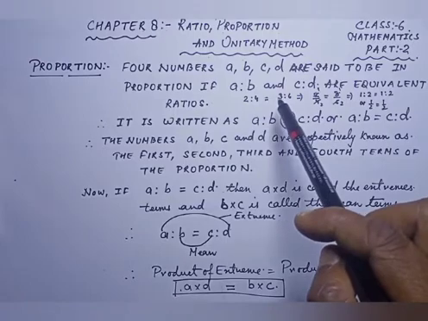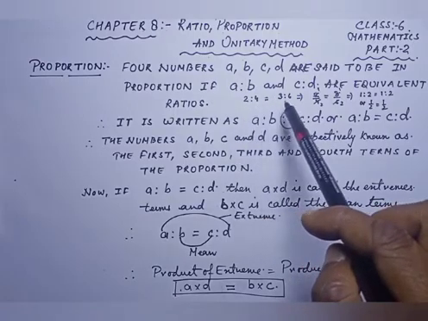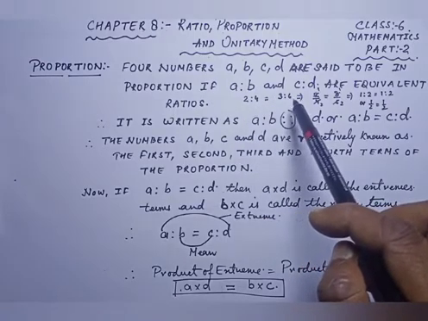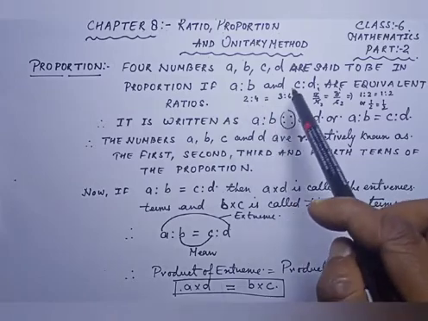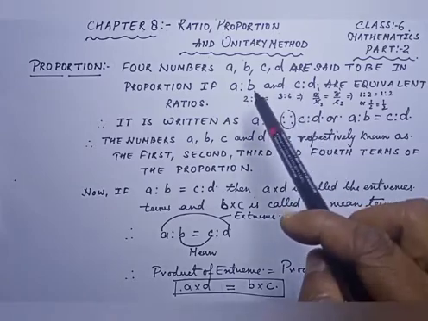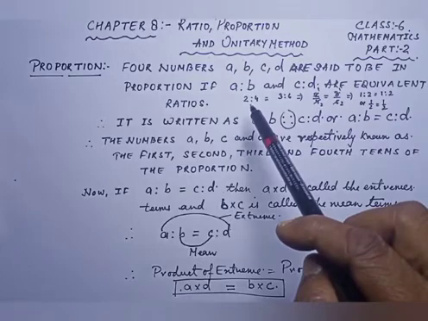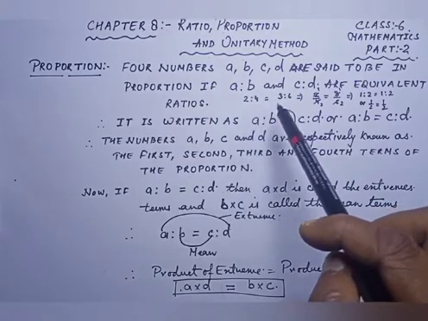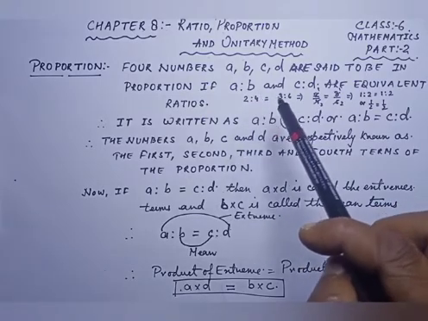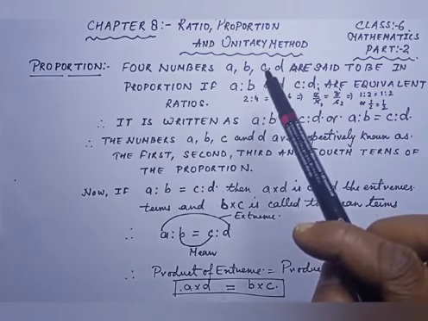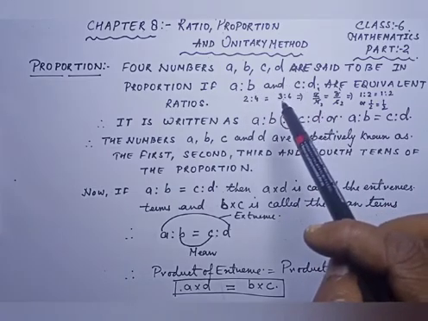Over here I have taken an example of 2 is to 4 is equal to 3 is to 6. It means that if we simplify both sides, the answer which is going to come will be the same, that is LHS is equal to RHS. Then we can say that the four numbers A, B, C and D are in proportion.